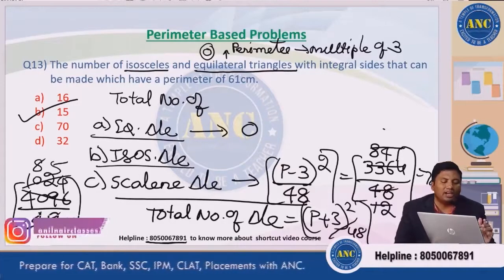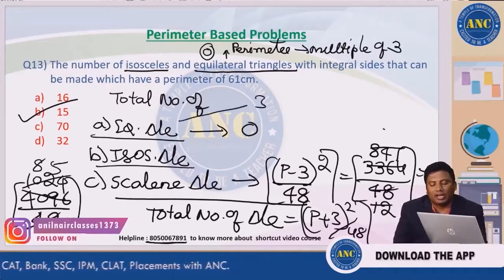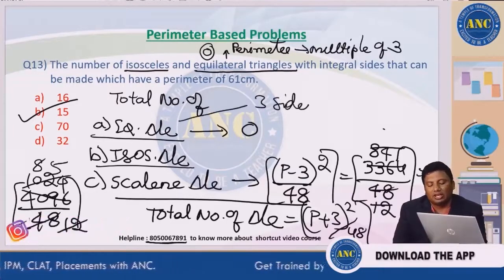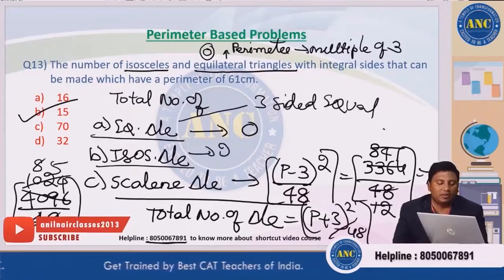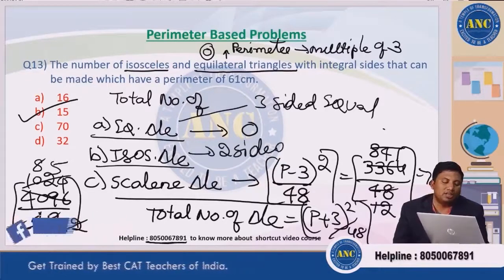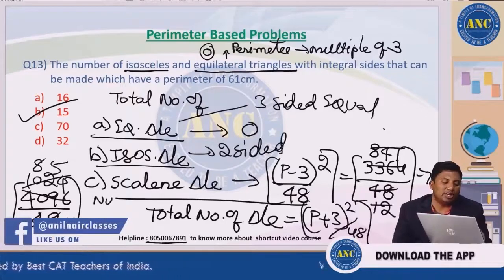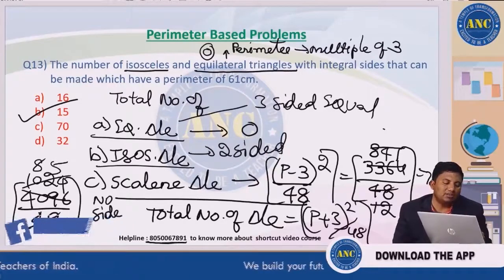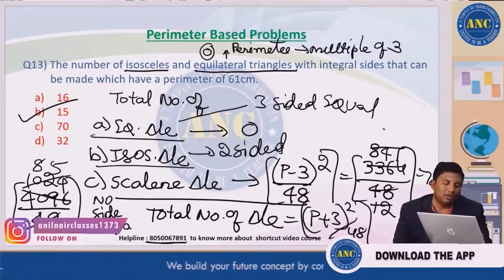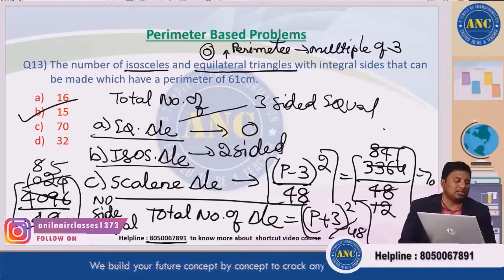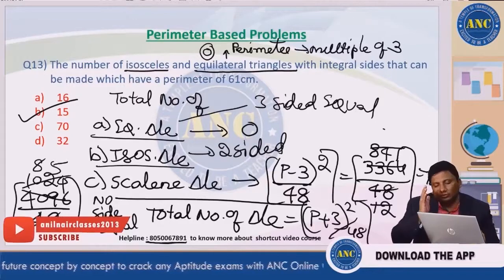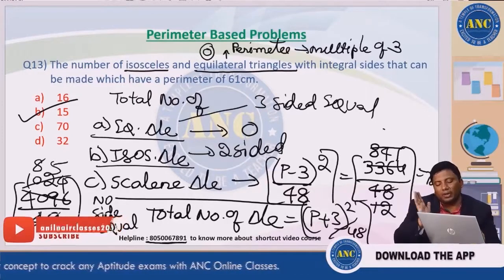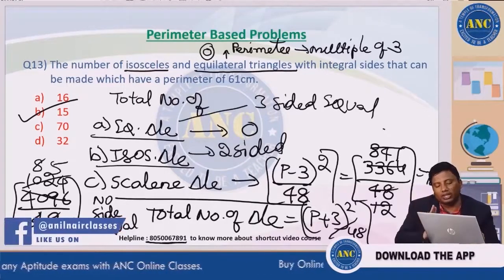Balram, you are getting confused. This is 3 sides equal, this is 2 sides equal, this is 1 side, no side equal. Can I say the collection of these three only will be total triangles? I hope the idea is clear. 3 sides equal plus 2 sides equal plus no side equal.